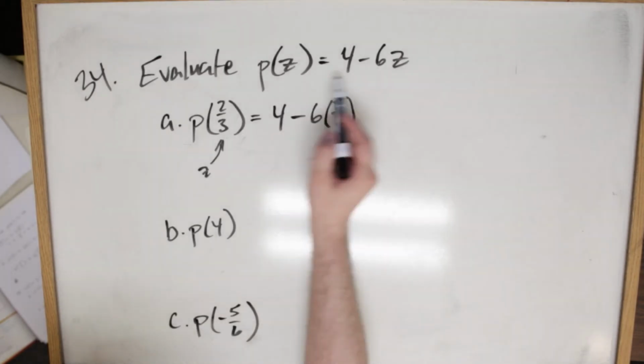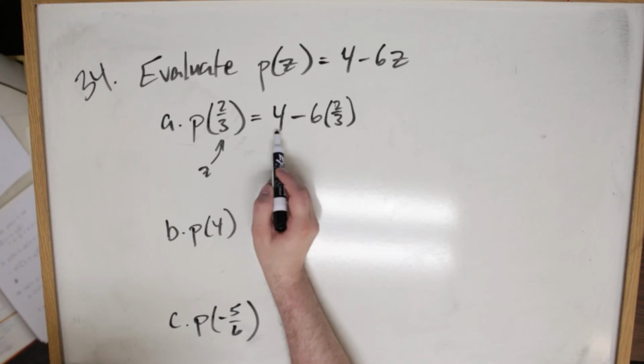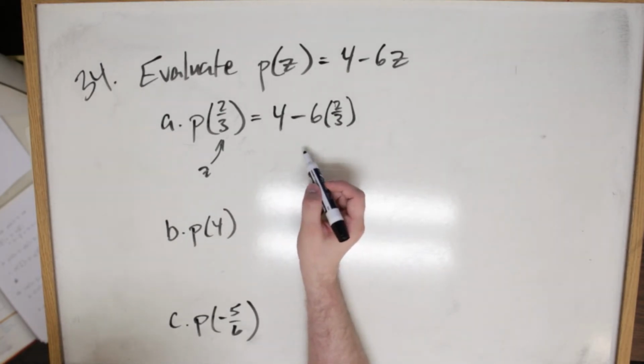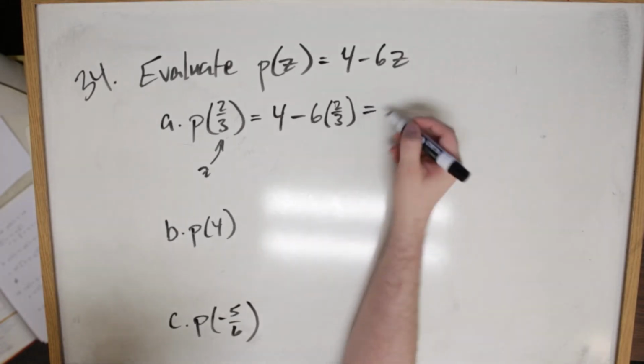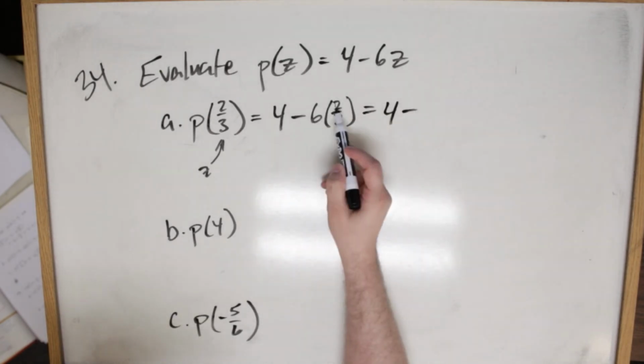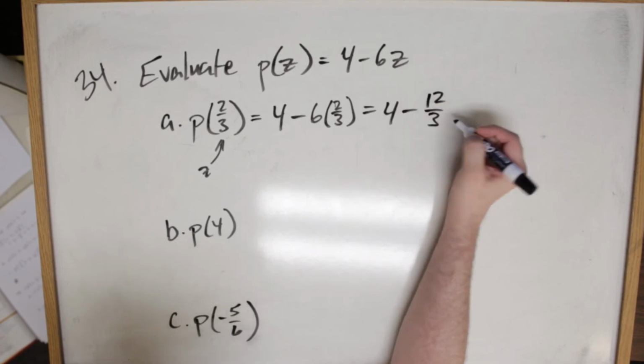So p of z is equal to 4 minus 6z. The same thing here, p of 2/3 equals 4 minus 6 times 2/3. So let's go ahead and work these out. 4 minus, so 6 times 2 is going to be 12 over 3.